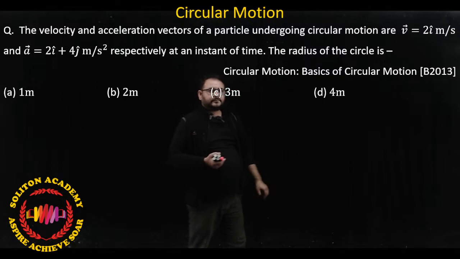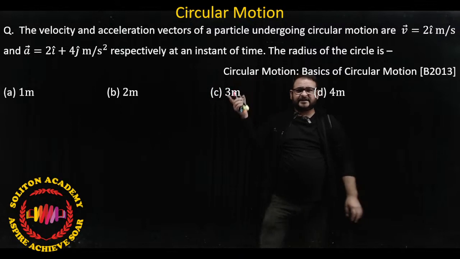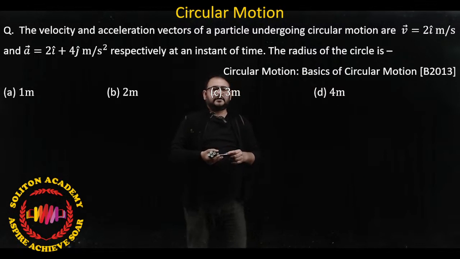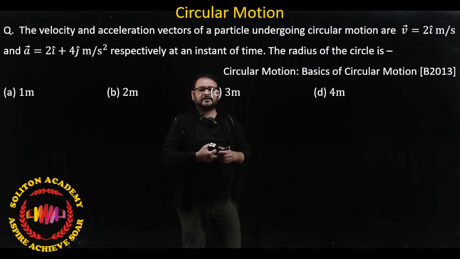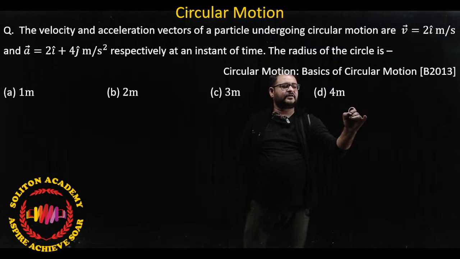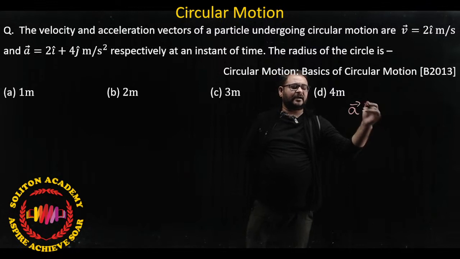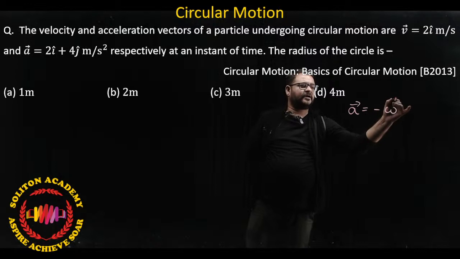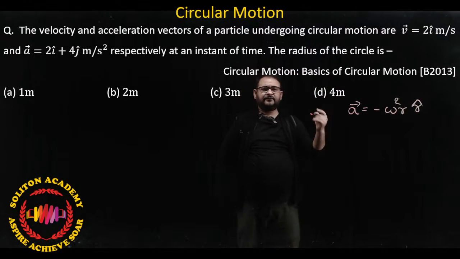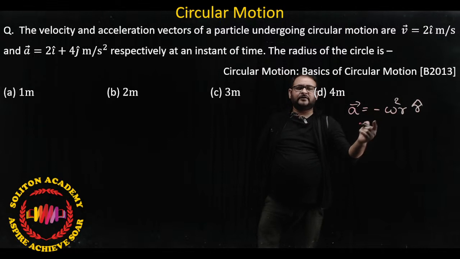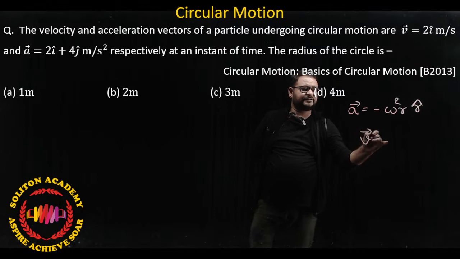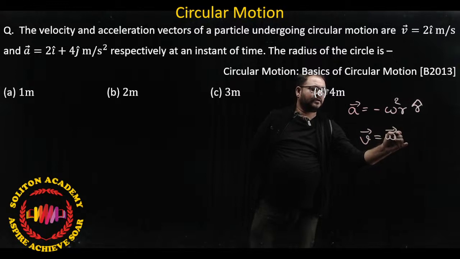So, now we have a question. It says velocity and acceleration of the particle are given like that. At any instance, what is the radius of the circle? See, what did we learn? We learned acceleration a is given by minus omega square r in the radial unit vector direction, right? Linear velocity is given by omega cross r.